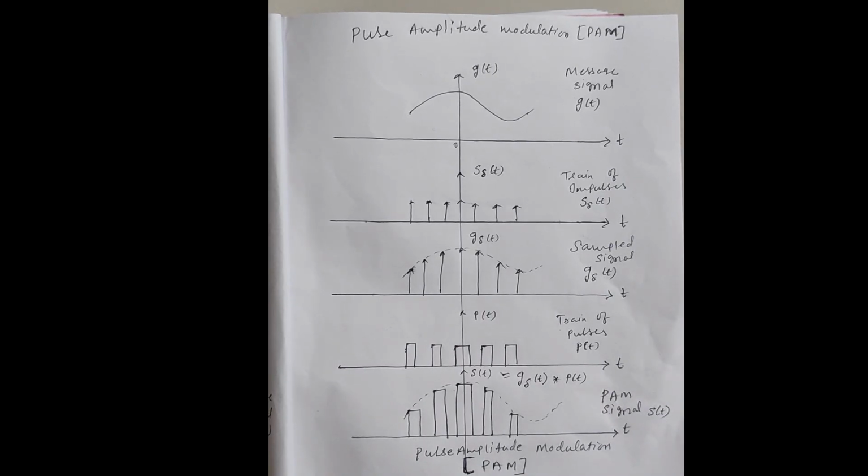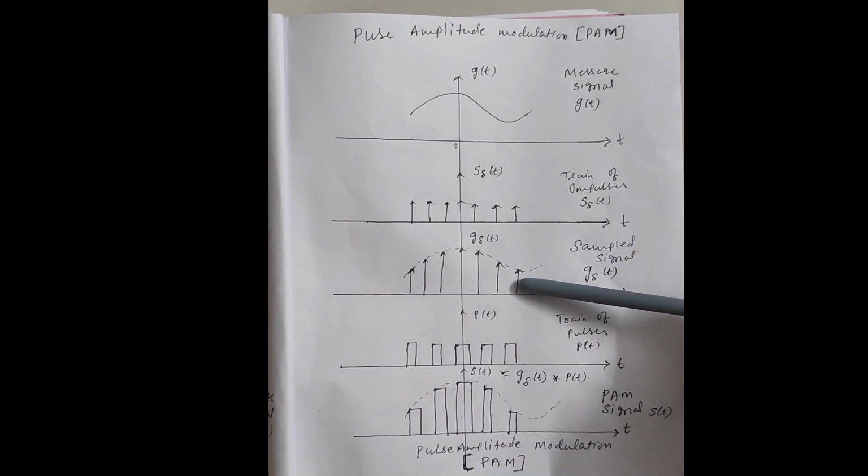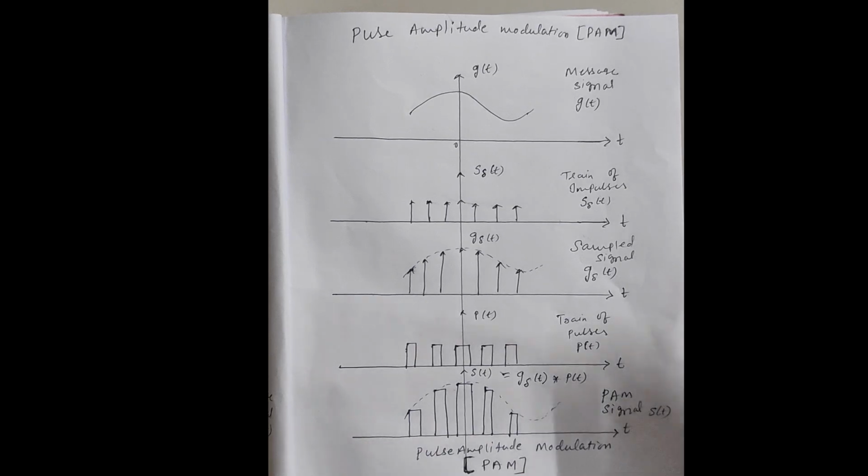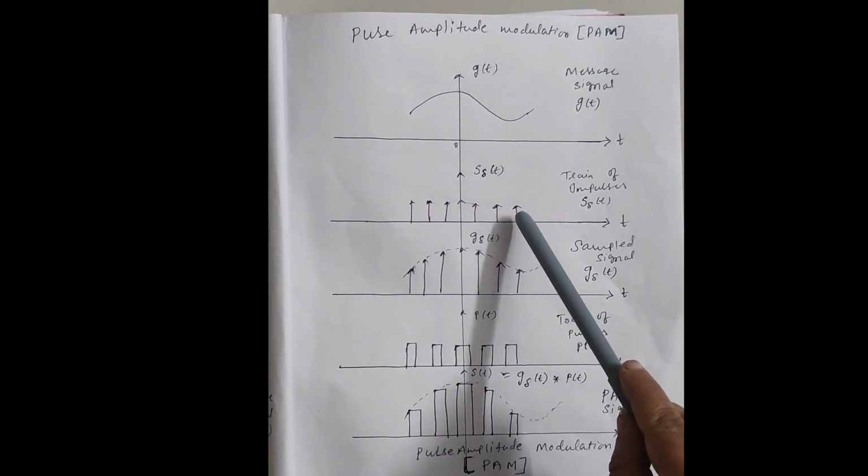Natural sampling and flat top sampling are pulse amplitude modulation. Let us see the waveform for this. Here this is the natural sampling output and this is the flat top sampling output. So what is natural sampling? Here this is the carrier.